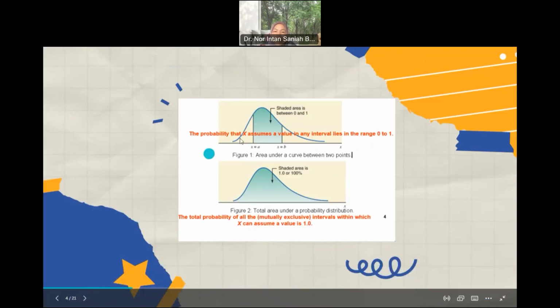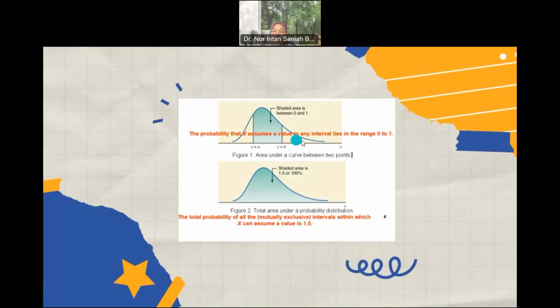We can see here that the probability that X assumes a value in any interval lies in the range between 0 to 1. So we want to learn how we can shade the area between X equal to A and X equal to B. This figure shows the area under a curve between 2 points.